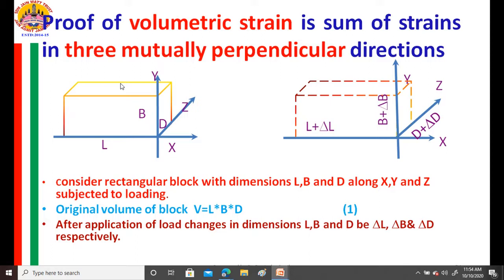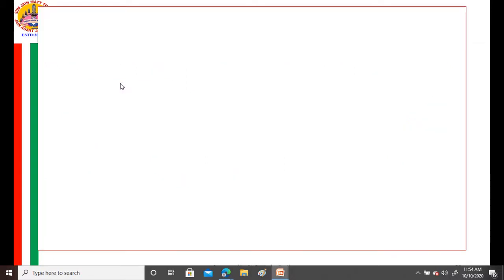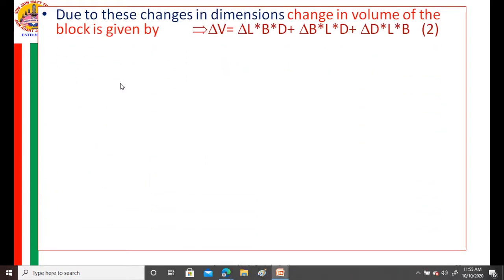Okay. The original volume of the block is V is equal to L into B into D. After application of the load, L is changing by del L, B is changing by del B, and D is changing by del D. That is why I told L, B, D by del L, del B, del D respectively. If that is the case, then the change in volume, from mathematics you are writing this equation, partial differentiation that you have studied in maths.